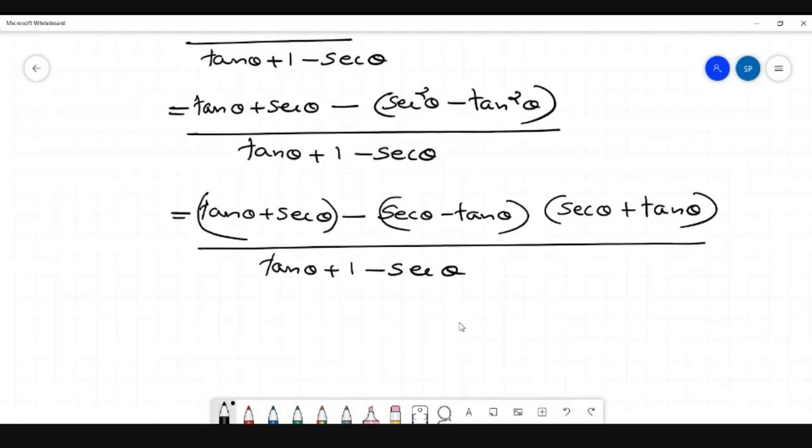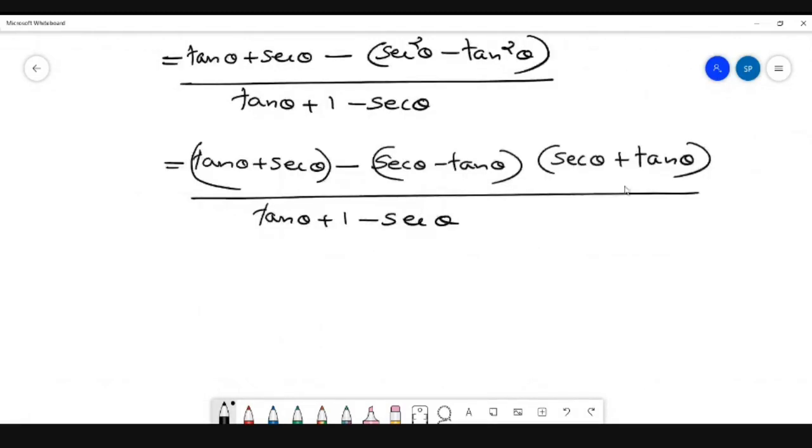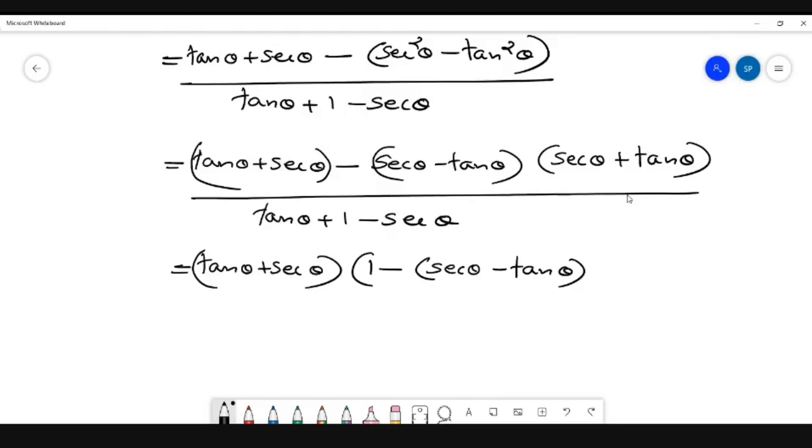Now you can see tan theta plus sec theta here, tan theta plus sec theta here also. So let us take that common factor. Tan theta plus sec theta into 1 minus sec theta minus tan theta.